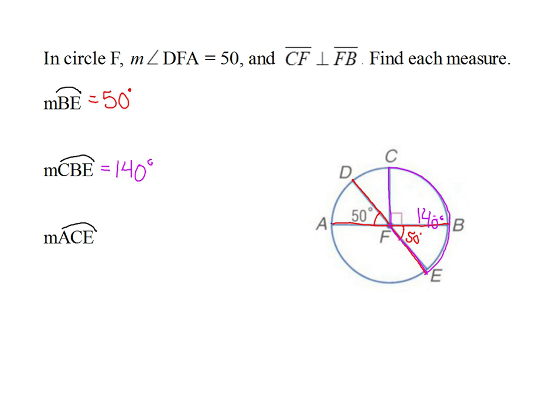Now we need to find the measure of arc ACE. Now we have 180 degrees right here because it is half a circle. So we have 180, and then we want another 50 for this part of it. 180 plus 50 gives me 230 degrees for the measure of arc ACE.